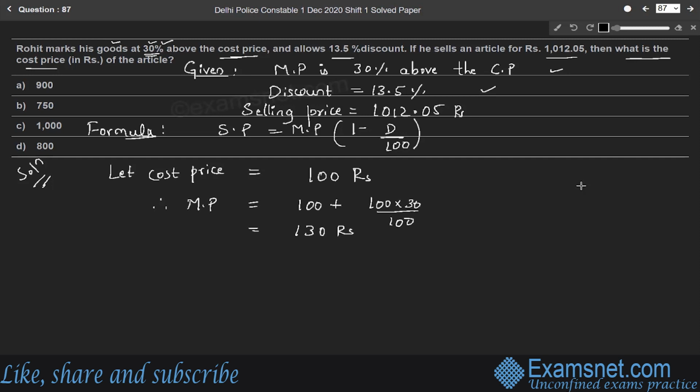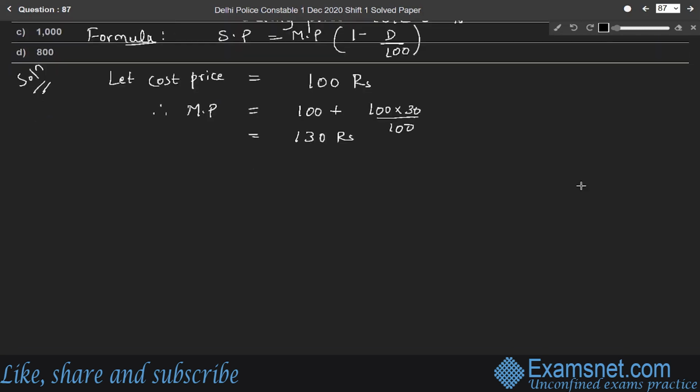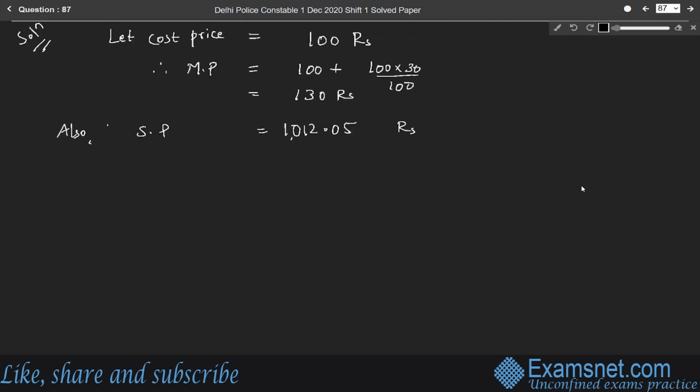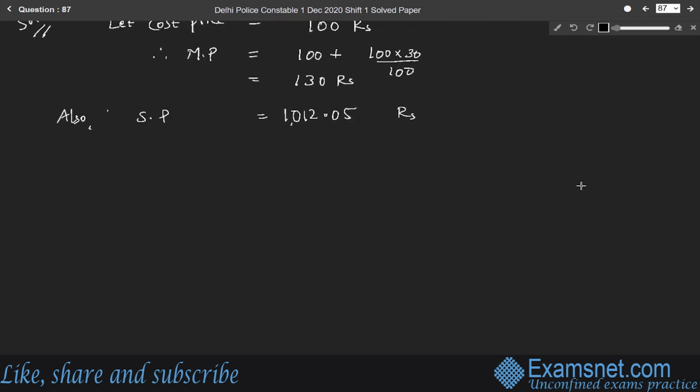So according to the question, selling price of the article is 1012.05 rupees, right? So selling price can be written as 130, that is market price, into 1 minus discount.